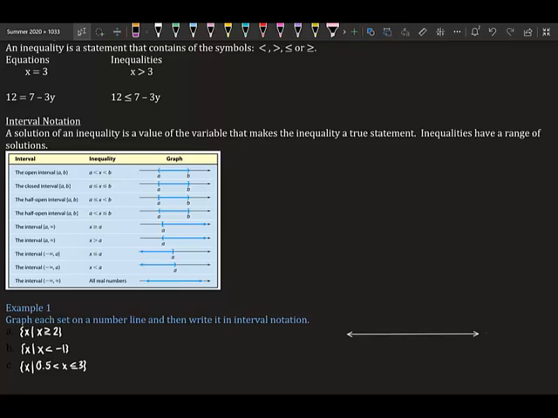Now, you're like, why can't I just write the numbers if I have a bunch of answers? Well, one, what if you have an answer from negative 100 to positive 100? You're writing 200 numbers. No, thank you. Or it's impossible to write every number between those numbers.